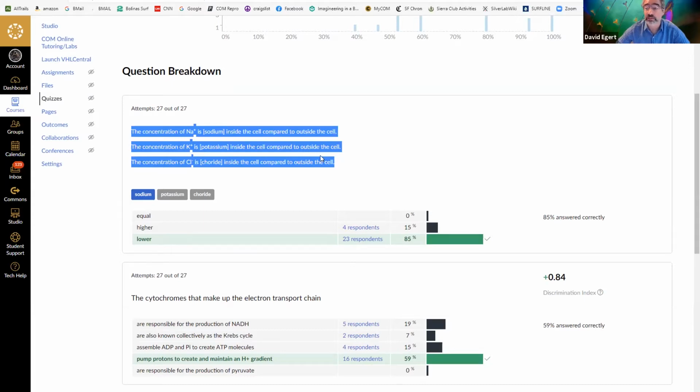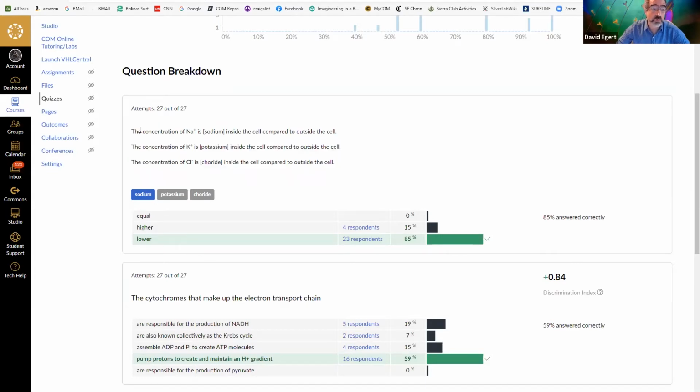Obviously it also depends on the voltage, the electrical force, but the diffusion gradient is super important. So it's important to know which ion is more concentrated inside versus outside the cell. For your exam on Tuesday, I promise you there'll be questions that have to do with making sure you know which is more concentrated inside versus outside.